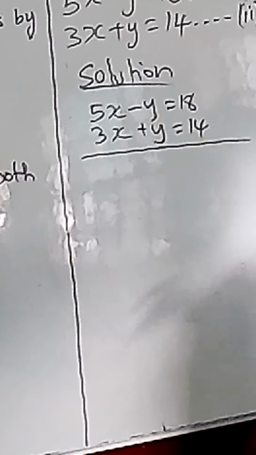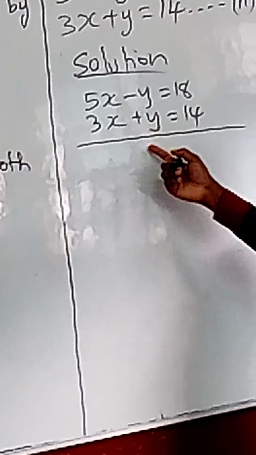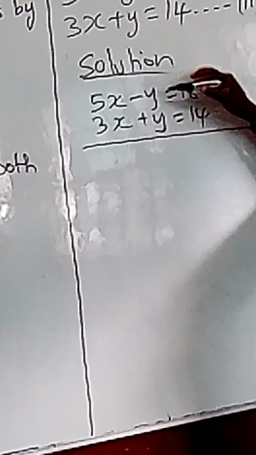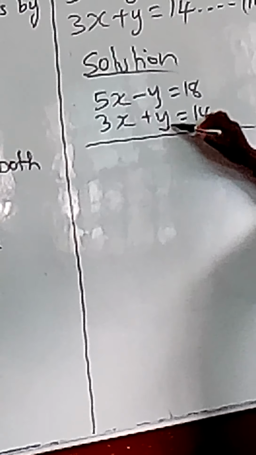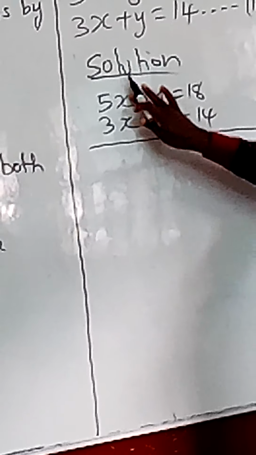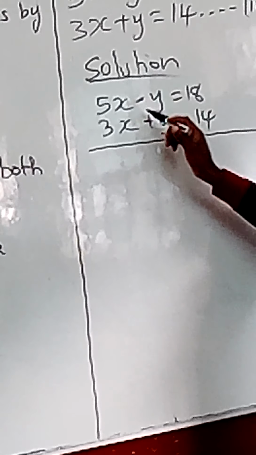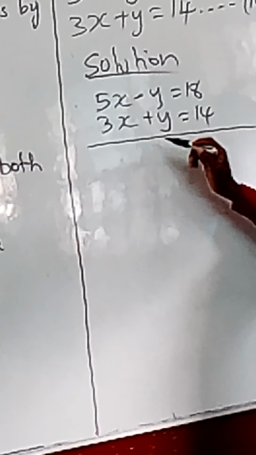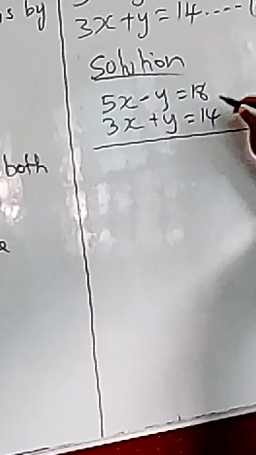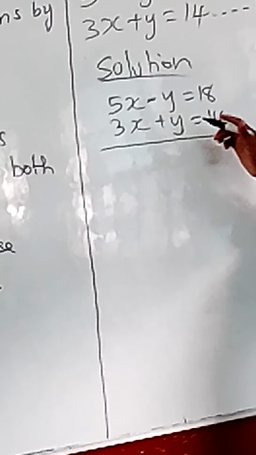Now, if you look at this case, which one is easier to eliminate? This y and this y are the same, only that their signs are different. So you look for a way to do away with y. You can either add or subtract.